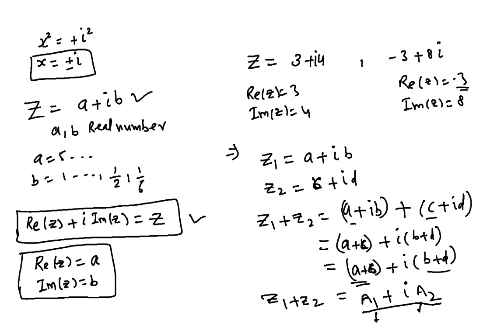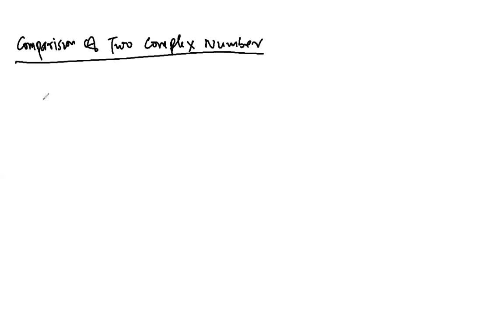After that we can start with the comparison of two complex numbers. So you have one complex number z1 which is equal to a plus iota b, and a second complex number z2 which is equal to c plus iota d.